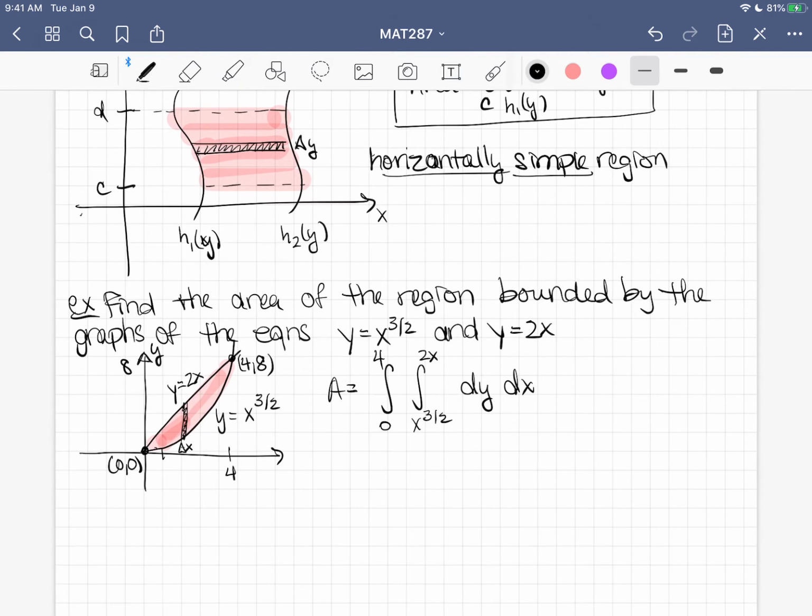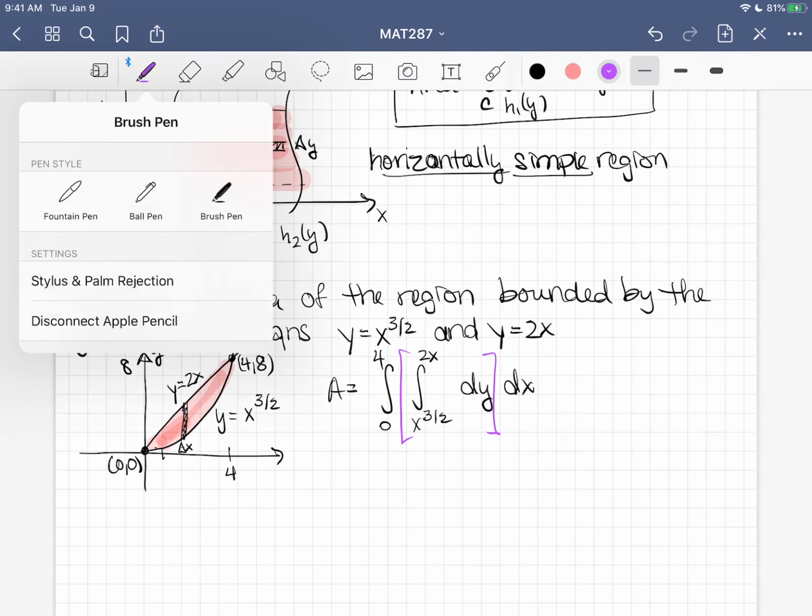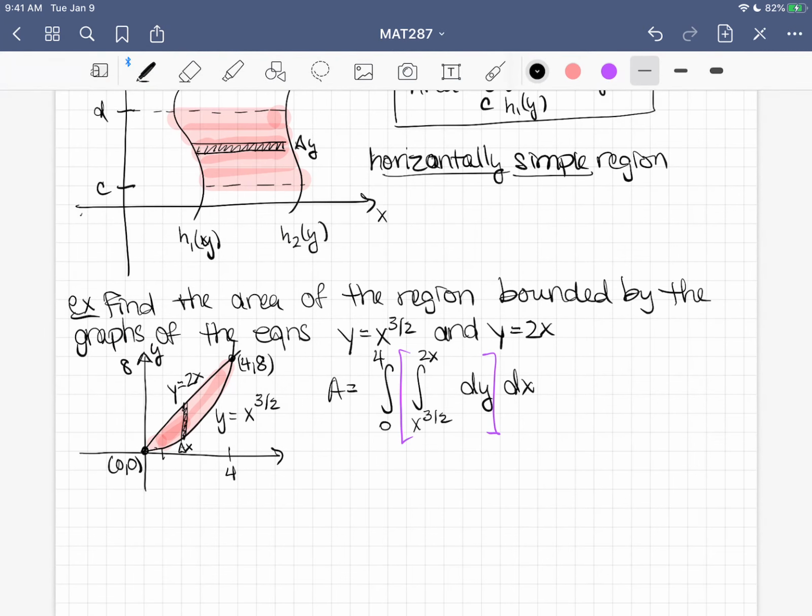Now we just integrate. So I'm going to start with the inside integral. Here I'm just integrating 1, so this integrates as y. So I have 0 to 4, y from x to the 3/2 to 2x dx. So that's the integral from 0 to 4 of 2x minus x to the 3/2 dx.